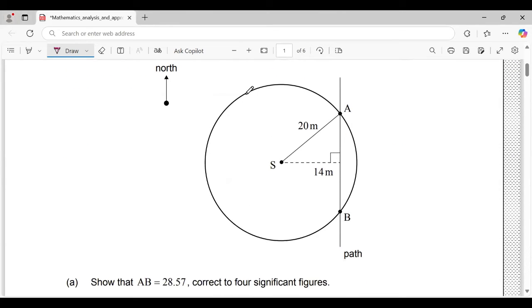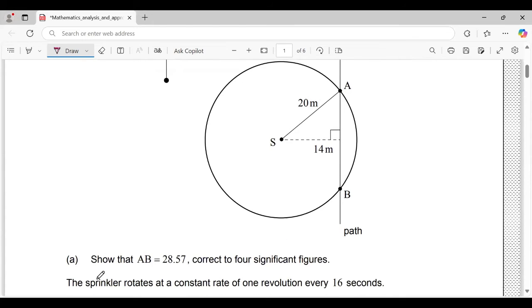Question A. Show that AB equals 28.57, correct to 4 significant figures.